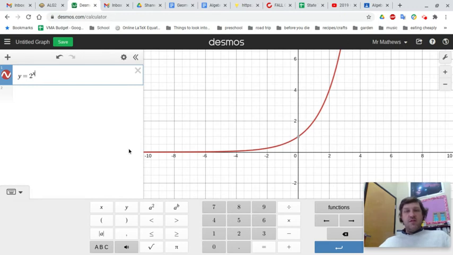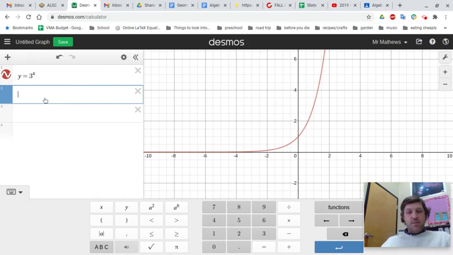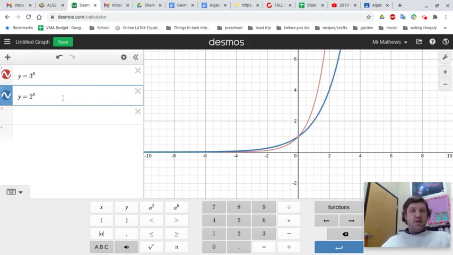You can see this is how you're going to be typing in these exponential functions. The number you're going to be interested in is this 2, and we're going to be changing that base number, seeing what happens with multiple different base numbers, and making comparisons between those different things.